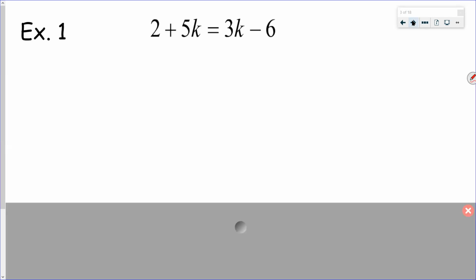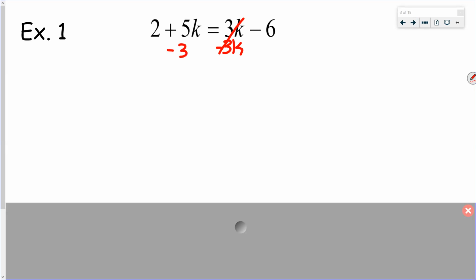Step 3, let's combine our variables on one side, and we want to keep them positive. So we have a 5k on the left and a 3k on the right. We need to figure out which way we can move it to keep it positive. Well, 3 is less than 5, so we're going to subtract 3k. We're going to subtract 3k from the right, because that's going to make this 3k go away.